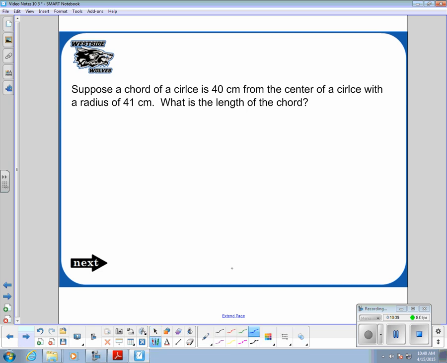Okay, now that you've had a chance to work out this problem, let's go do the Schroeder 4. There's our 4. It says suppose a chord of a circle is 40 centimeters from the center, so this is a 40, with a radius of 41. It asks, what is the length of the chord? So what we're looking for this time is this value right here. Remember that we have a right angle and these are congruent.